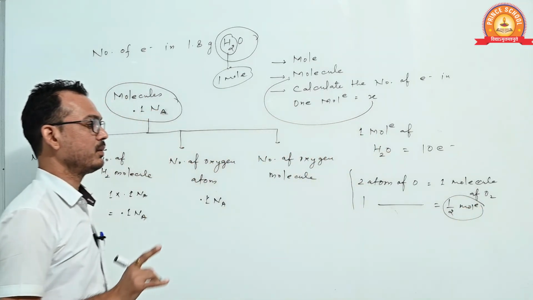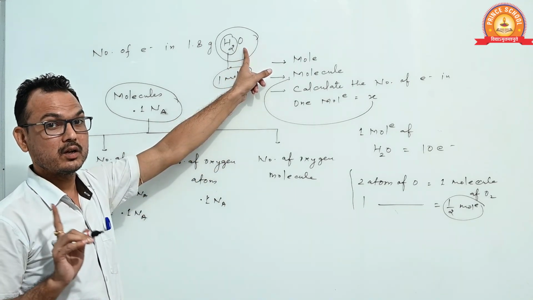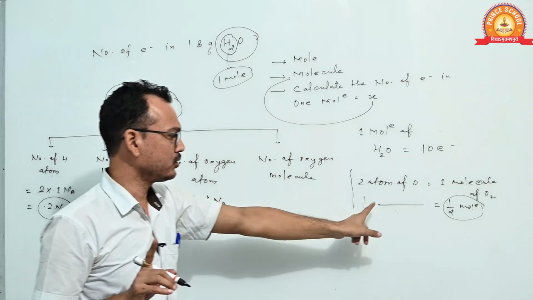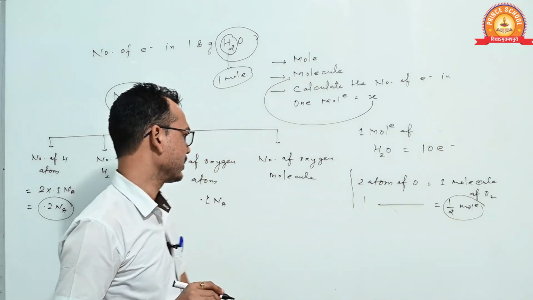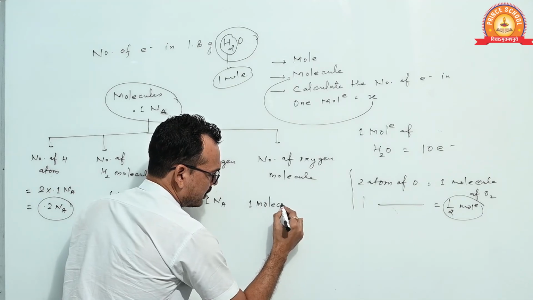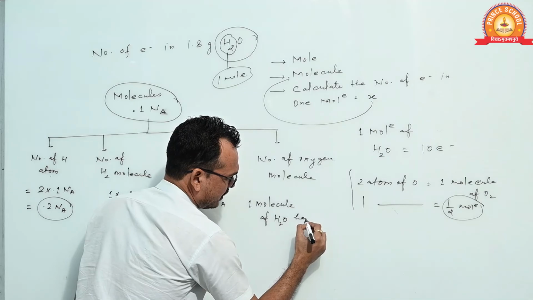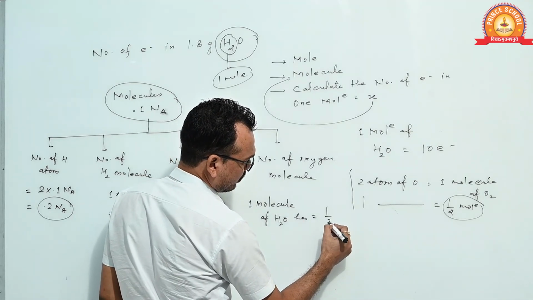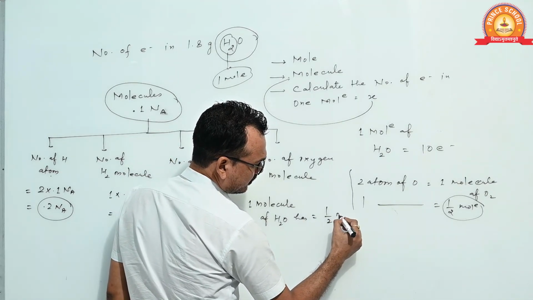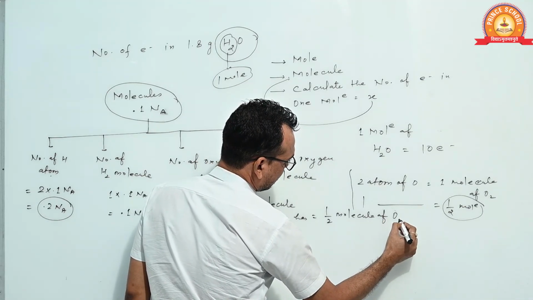When I ask you, जब मैं आपसे पूछता हूँ कि H2O में ऑक्सीजन के कितने मोलिक्यूल है, then you give the answer 1/2 molecule. Clear? 1 molecule of H2O has 1/2 molecule of oxygen.